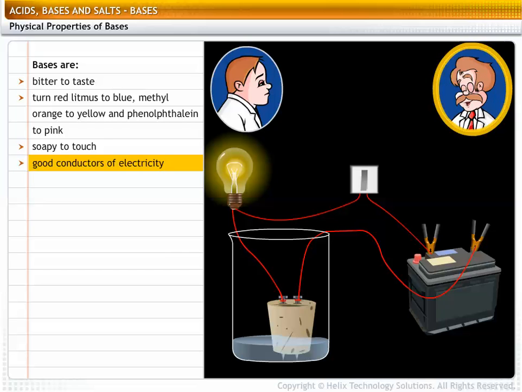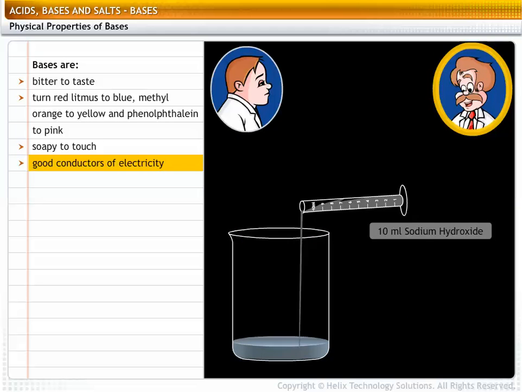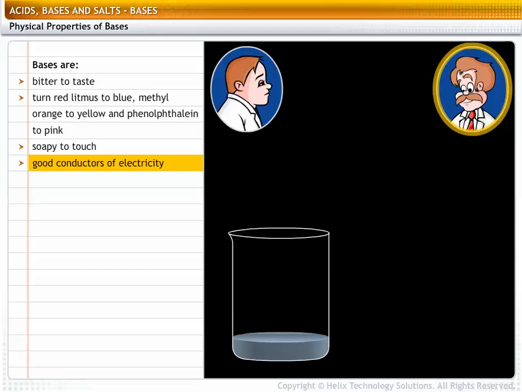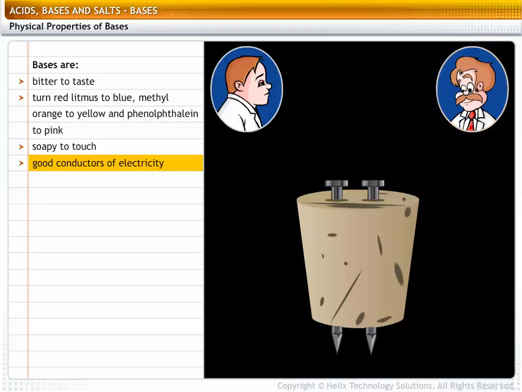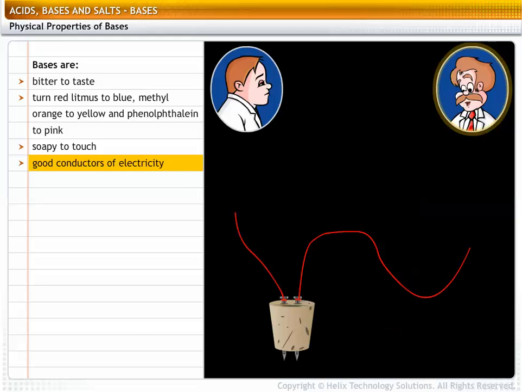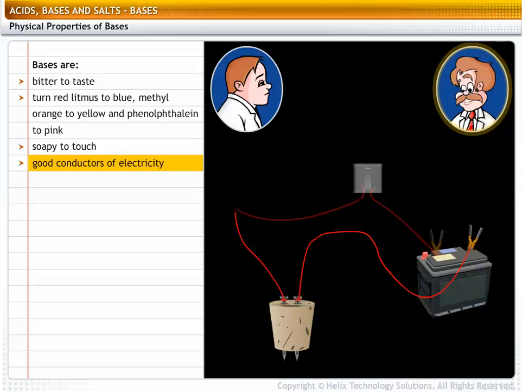First, we take 10 milliliters of sodium hydroxide solution and 10 milliliters of water in a beaker. Then, we take a cork and fix 2 carbon rods in it. Next, we connect the rods with an electric wire in series, along with a battery, switch, and a bulb.